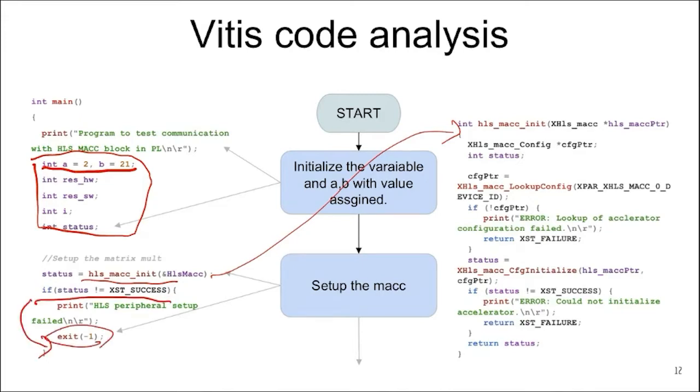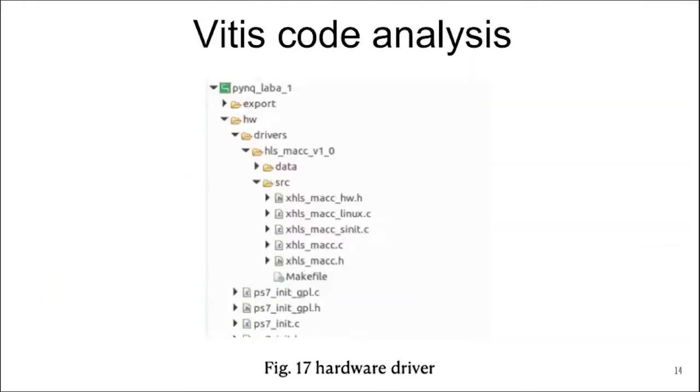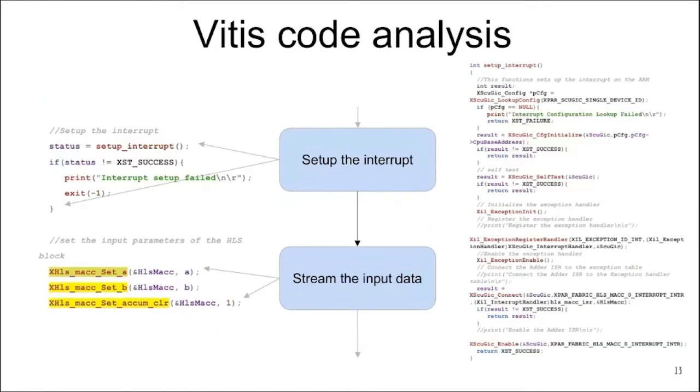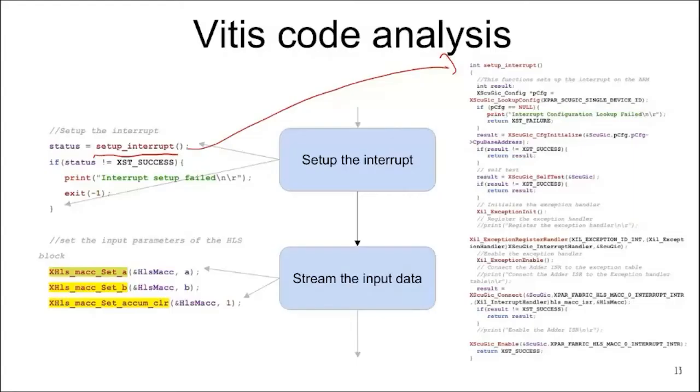Otherwise, it will exit here. And after we initialize our IP, we ARM. So here is some ARM interrupt routine with some handler and some ISR here.